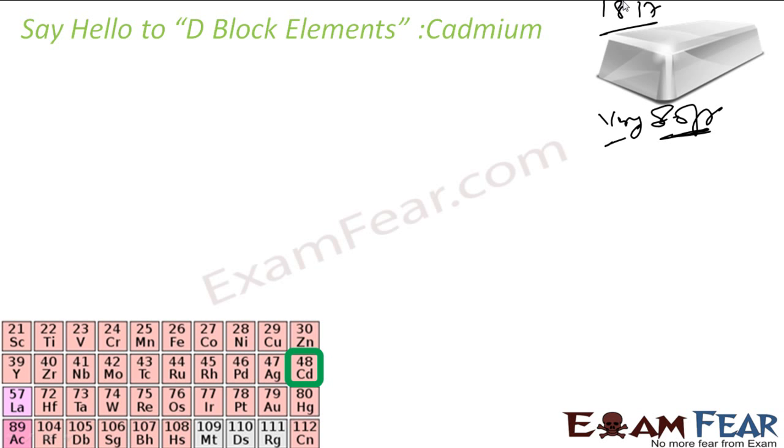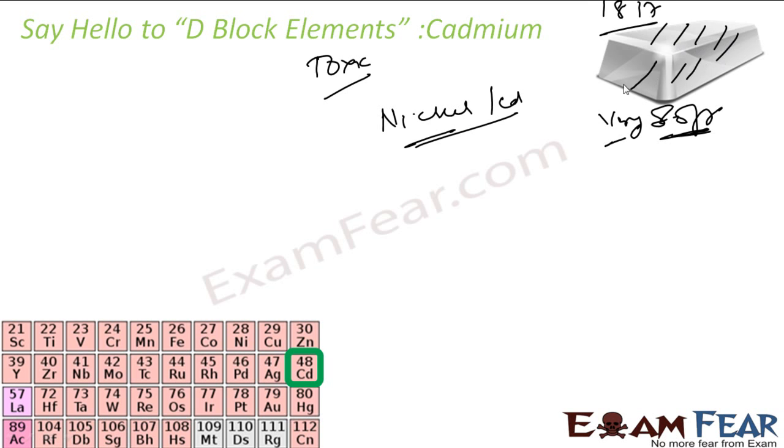So generally cadmium is produced as a byproduct of zinc production, and this is toxic. Cadmium is toxic. And that's why, if you see the nickel cadmium battery, you must have heard earlier we used to use nickel cadmium battery. Now that nickel cadmium battery is replaced by a lithium ion battery. Okay, and this is also reactive, but this is also resistant to corrosion because this forms an oxide film.